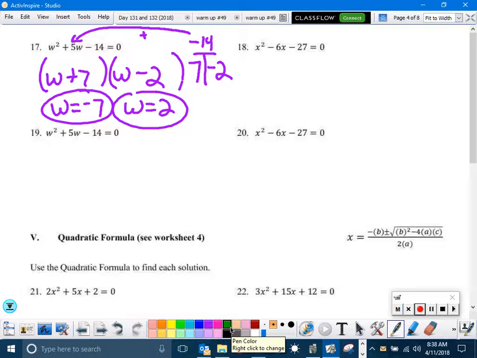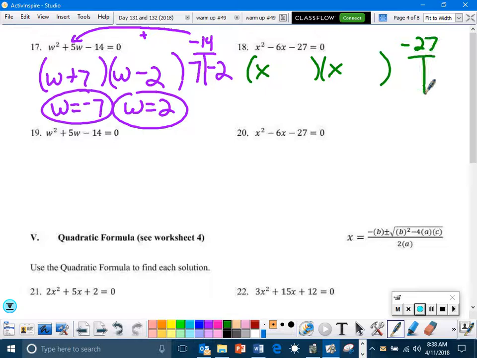Okay. The next one, same thing. So the two numbers that multiply to negative 27 and add to negative 6 is negative 9 and 3.